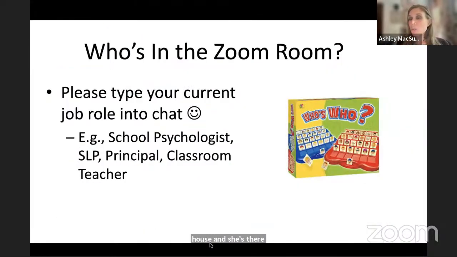So I would love to know just a little bit about you all and what your role is. And the reason I ask that is because what I'm going to present to you today is not actually anything that is rocket science. It's not hard, it's not crazy, but it is something that, depending on what your role is, you may need to be the person teaching someone else how to do.